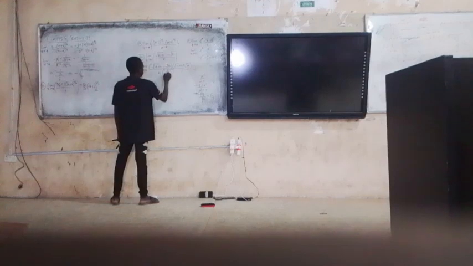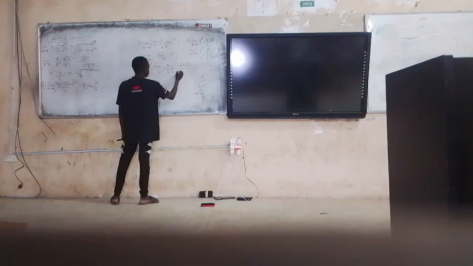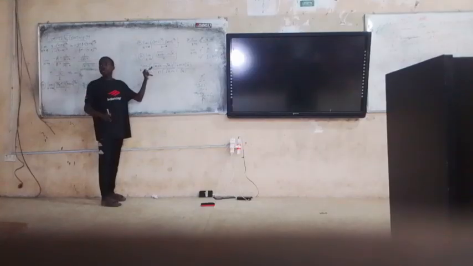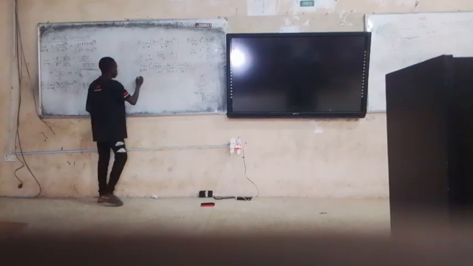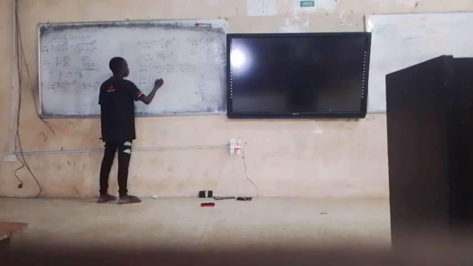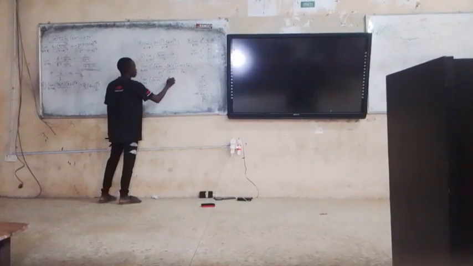As h tends to 0, square root of x plus h squared minus square root of x all squared, over h times square root of x plus h plus square root of x.